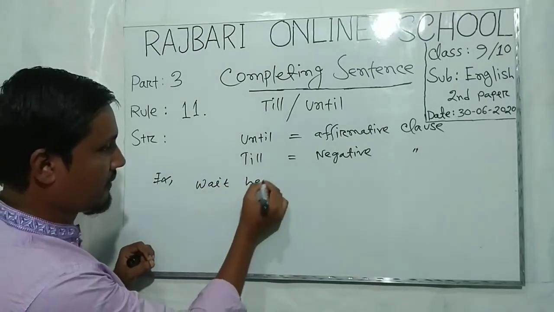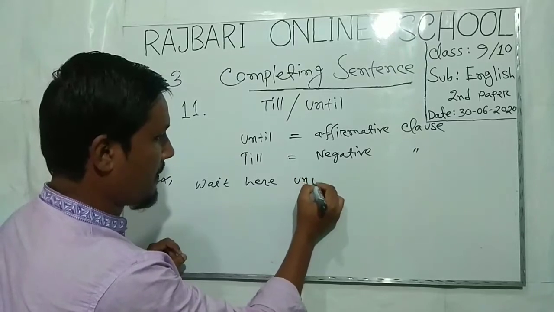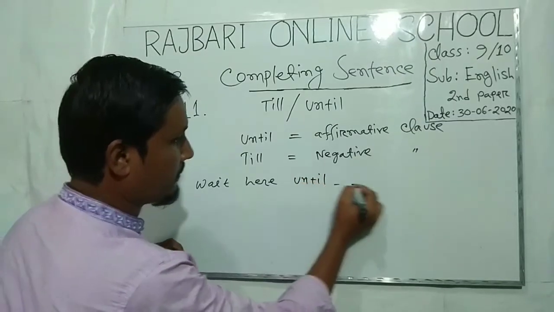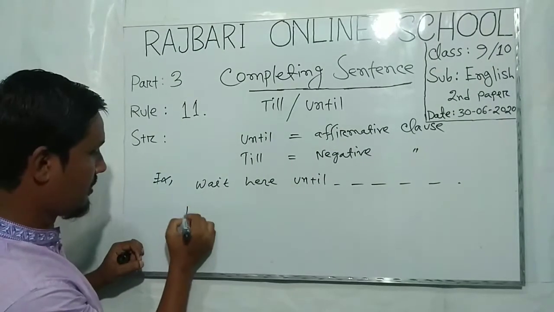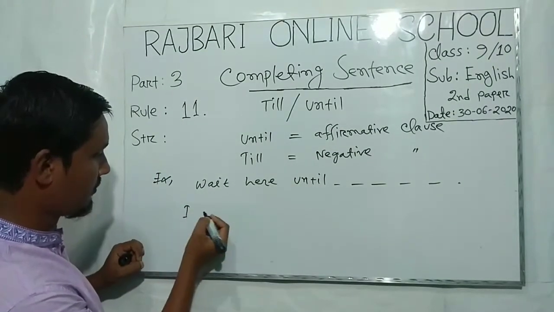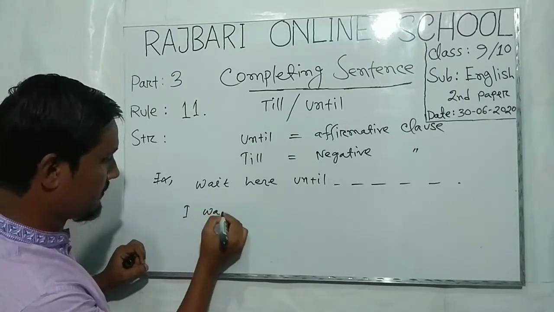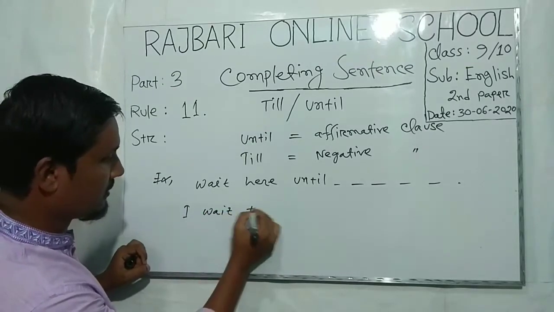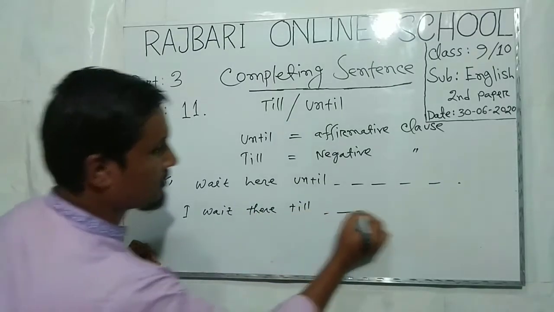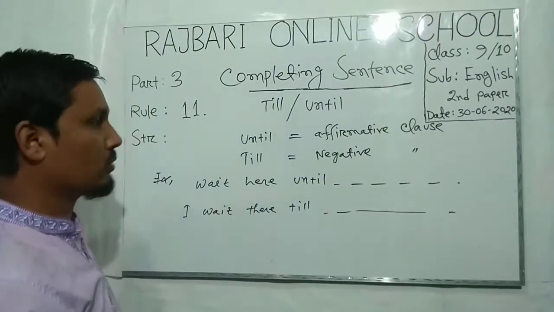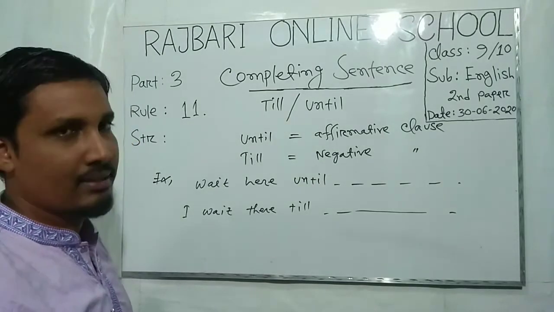Okay, my dear student, let's start to see the example. Wait here until, another sentence. Wait there till. What will you do if you see such type of sentence in your completing sentence?